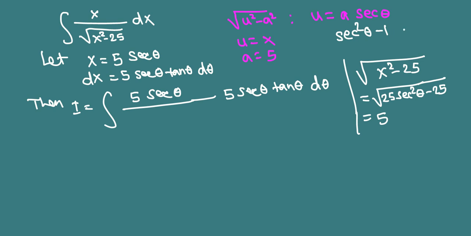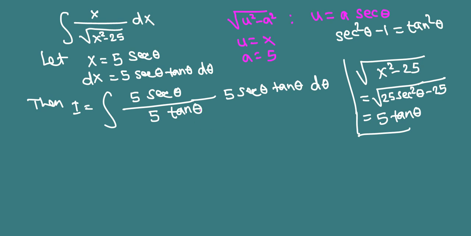Secant squared theta minus 1 is tangent squared theta, and the square root of tangent squared theta is just tangent theta. So basically the square root of x squared minus 25 is 5 tangent theta, so we don't have the square root anymore. That was the purpose of making this right substitution.